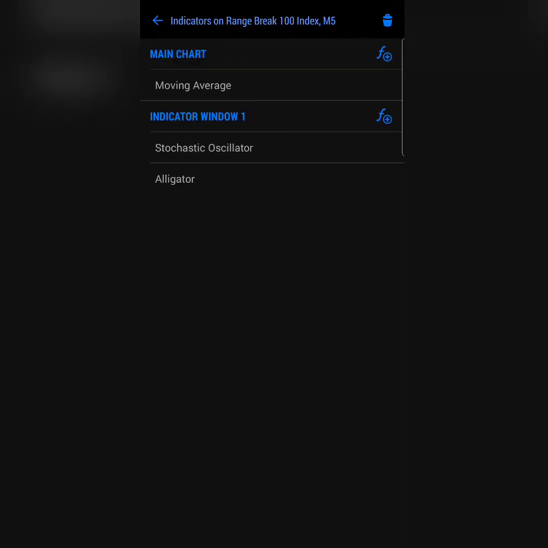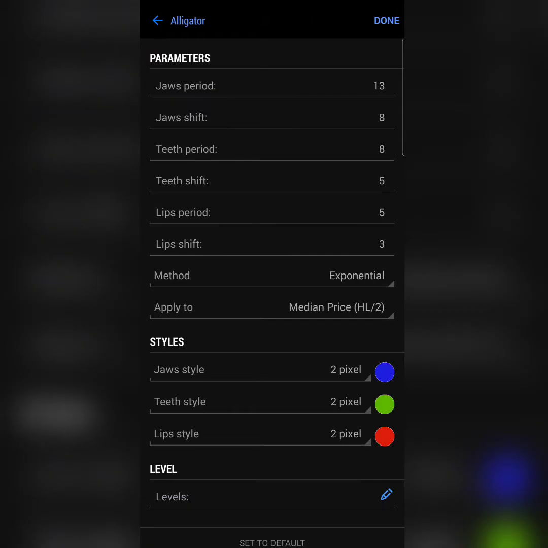The next one you should be setting is your alligator. The alligator is going to take different parameters, so do take note of all you can see on your screen, and the colors are also important. We're having the 13, 8, 8, 5, 5, 3, exponential and median price.